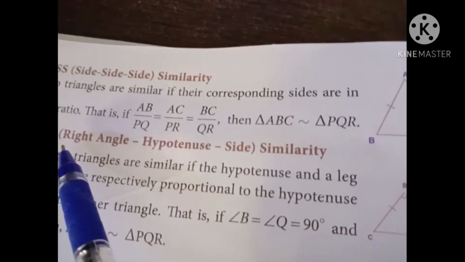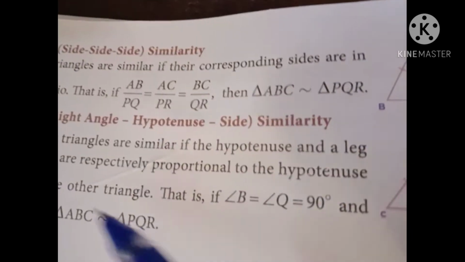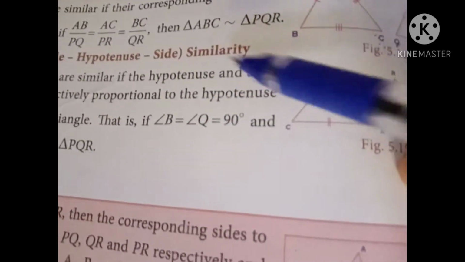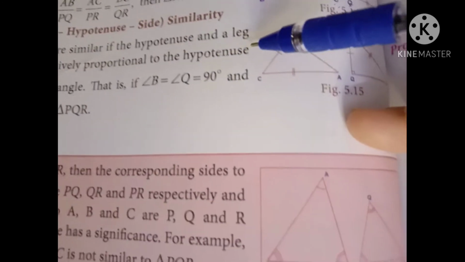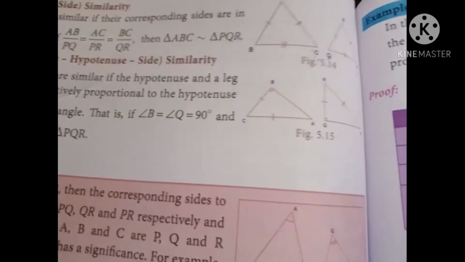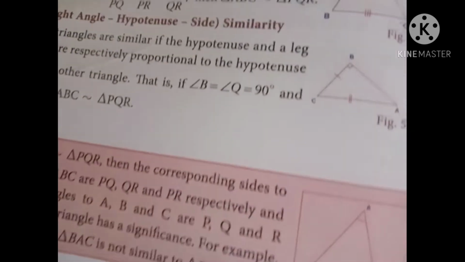Then RHS similarity. Two right-angled triangles are similar if the hypotenuse and a leg of one triangle are respectively proportional to the hypotenuse and a leg of the other triangle.